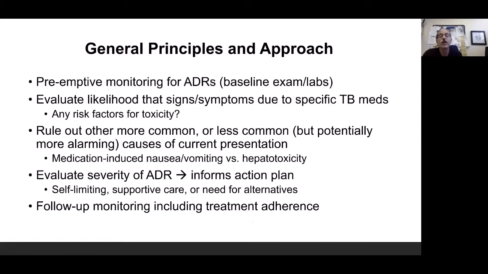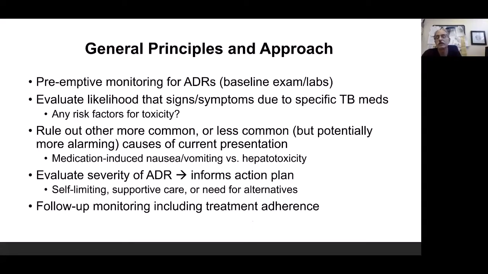Do they have other things going on that could account for their symptoms? How severe are their symptoms and potential toxicities that are going to inform our action plan? And then if we do manipulations, we have to make sure that we're continuing to follow them.